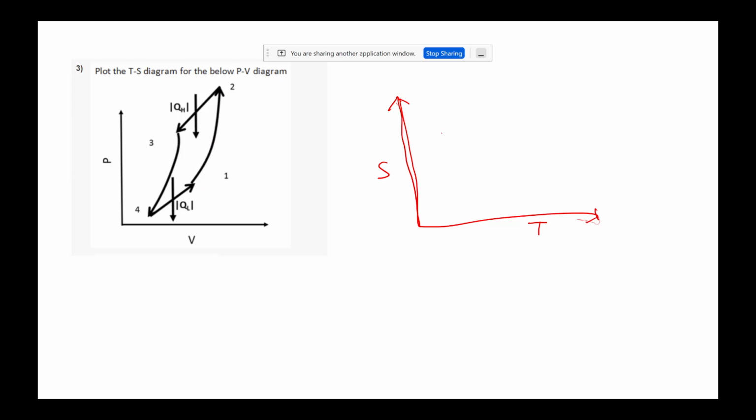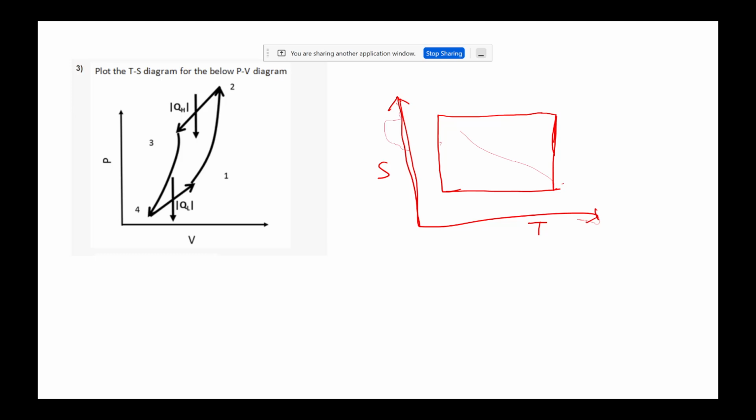Adiabatic process means S is constant. And 2 to 3 and 4 to 1 are isothermal, so there should be constant T, a straight line.